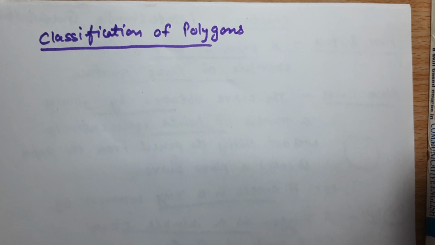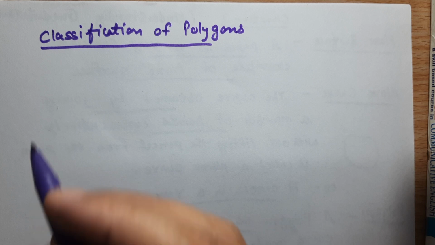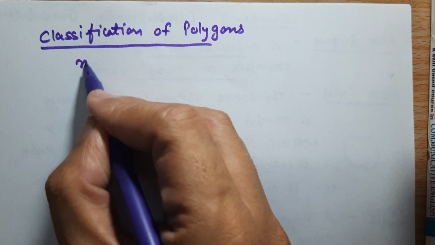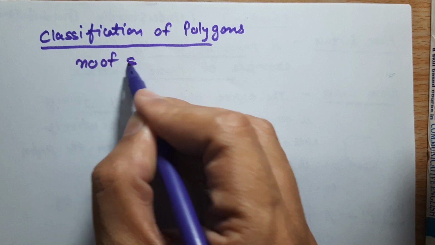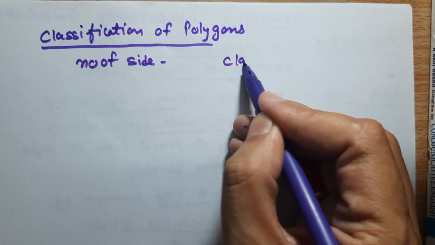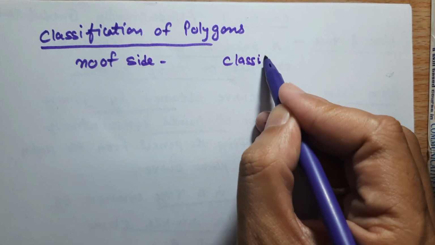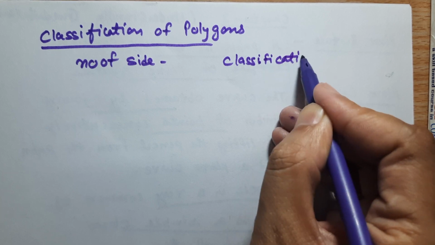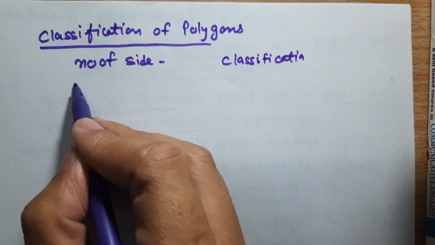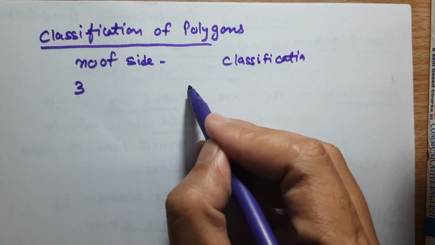Okay children, now we will understand classification of polygons. As you know, a polygon is a simple closed curve made up of line segments. Now, classification by number of sides. If a figure has three sides, how will it be classified?